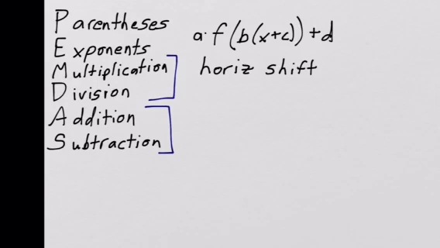Now the next thing we're going to do is multiply by B. So we're going to apply horizontal reflection slash rescaling. So rescaling you can also think of as stretching or shrinking.